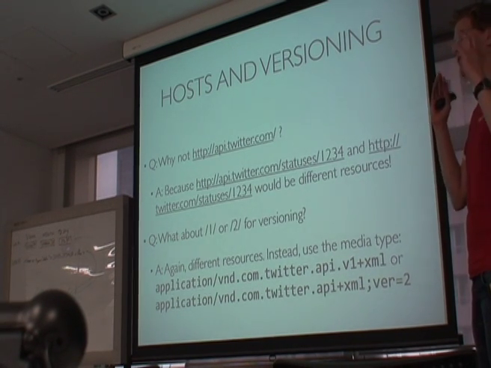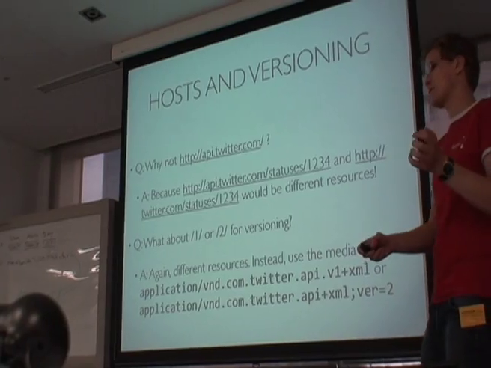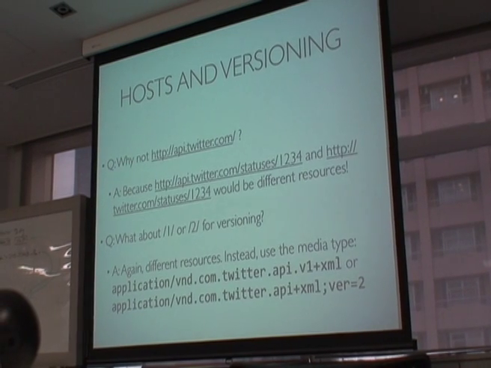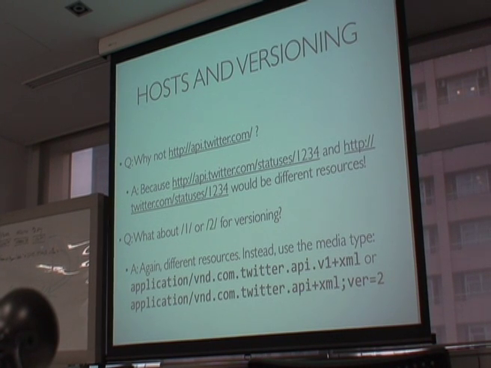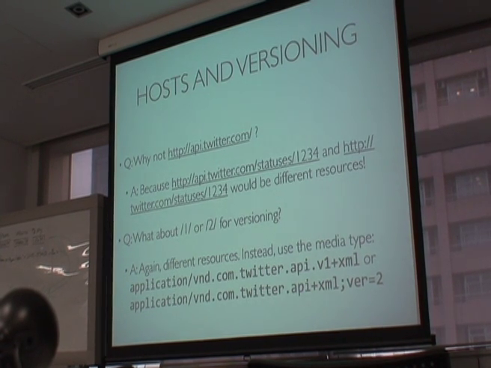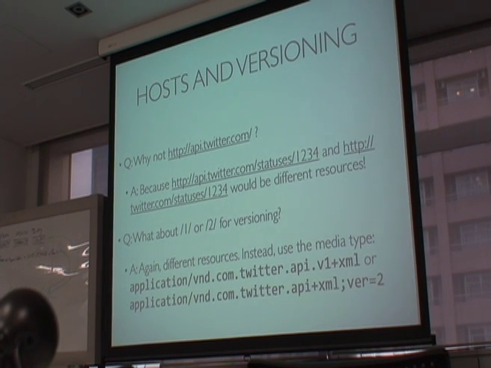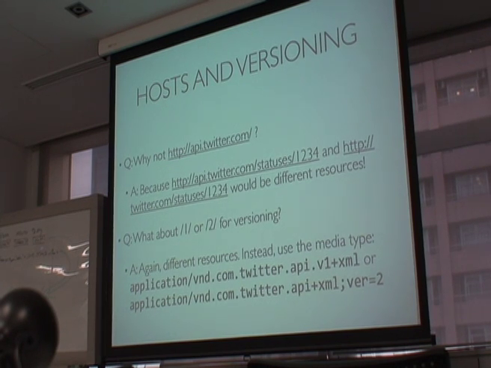If you change your API so much that existing clients will break, then you need a new version. And then the URL is the same. And because this is in the content type header, when you send your response, caches will automatically cache all the versions, and so that's the power of HTTP.